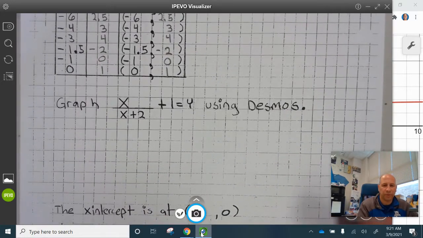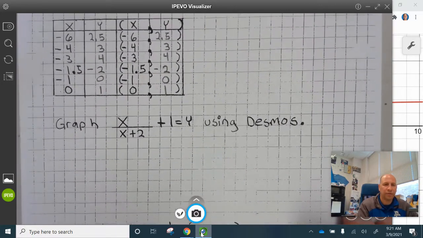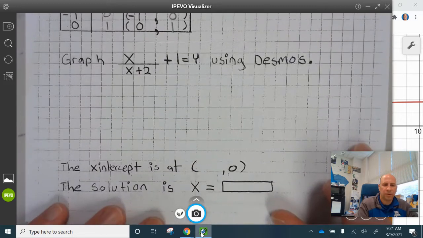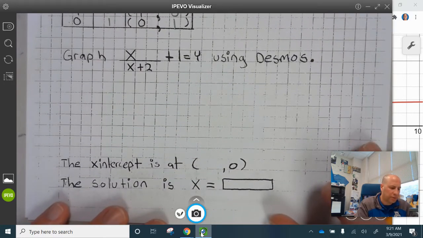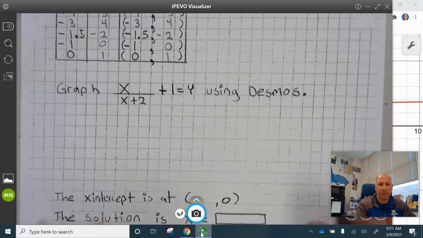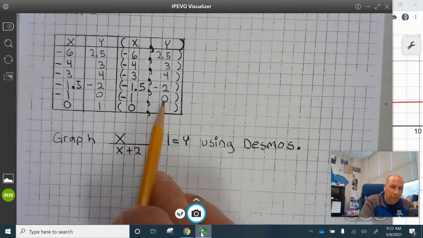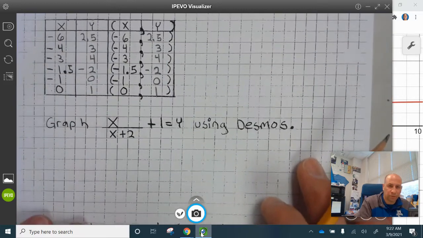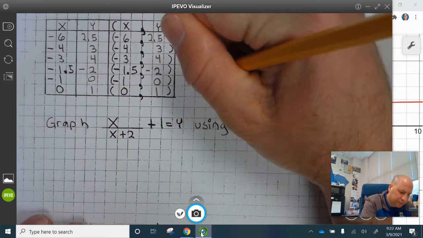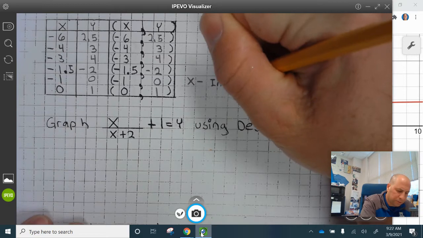Now we graphed it in Desmos. Now to find the x-intercept, it's when the y value is 0. So let's look at the table. Find the y value 0 here. So our x-intercept is negative 1, 0. So this point right here is the x-intercept.